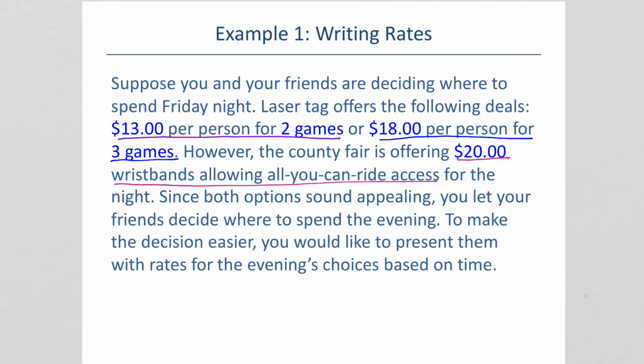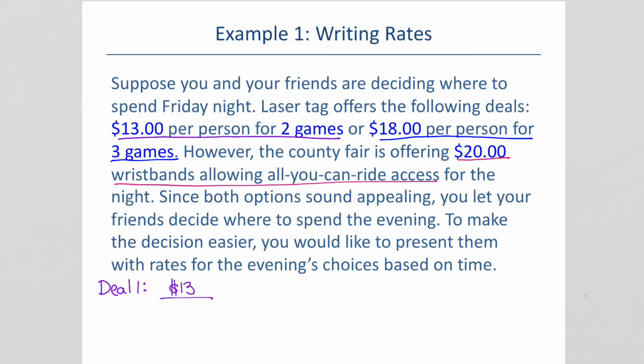To make the decision easier, you'd like to present them with the rates for the evening's choices based on time. So the first deal is $13 for 2 games of laser tag.